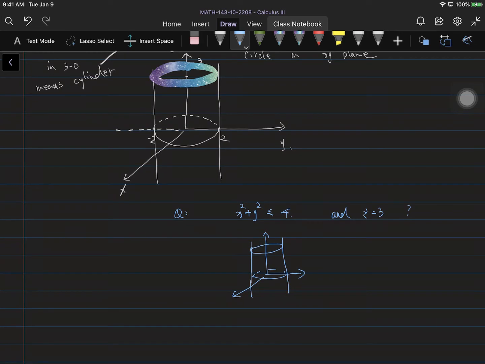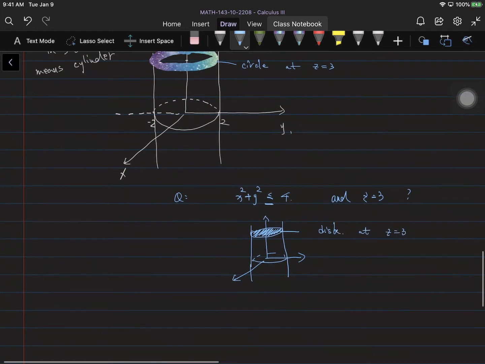Because of the less than or equal to, it includes all the points inside the circle. So it's going to be a disk. So this one is just a circle at z equals 3, and this is a disk at z equals 3, right? So you can see the difference.